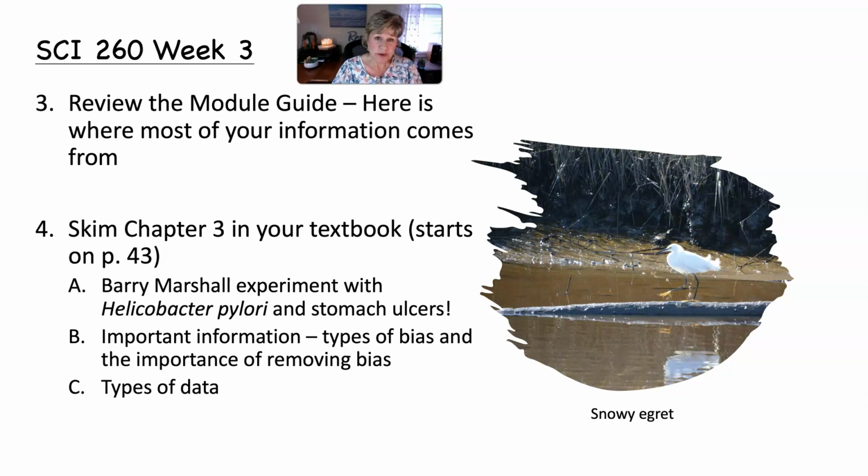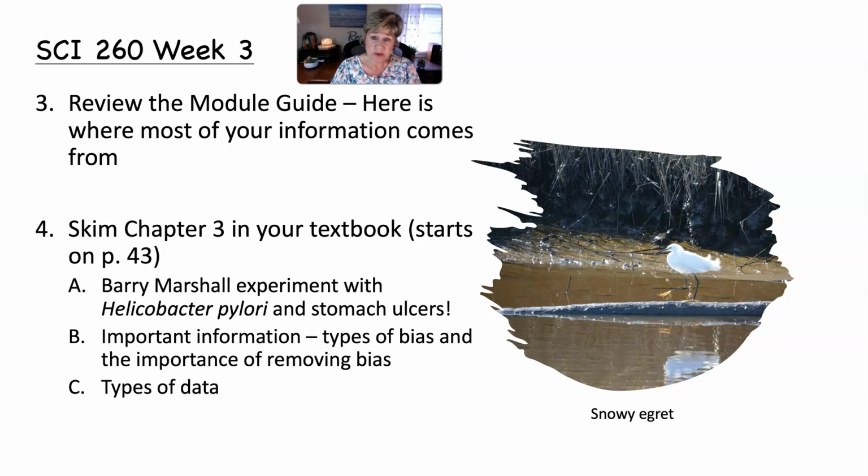There's a wonderful example. It's one of the ones that I always used in microbiology. Barry Marshall was, and still is, a scientist who experimented on Helicobacter pylori. It's a type of bacteria that was very difficult to identify in the stomach, and to grow and culture in a lab. Very difficult.